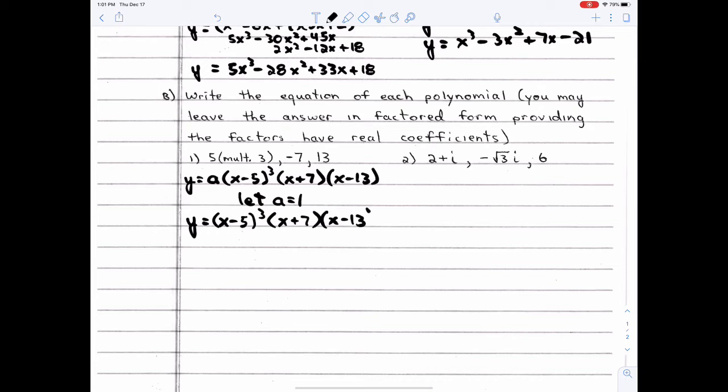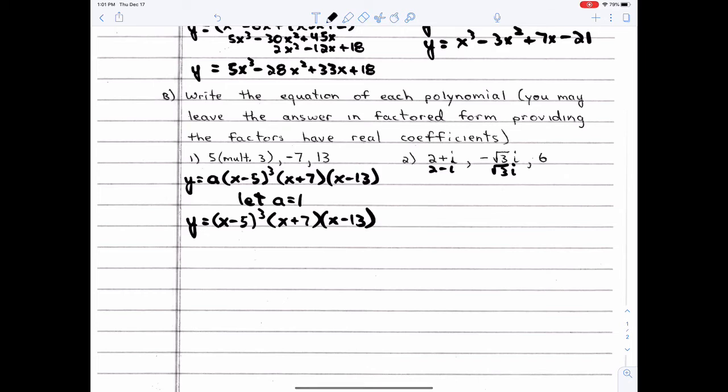Okay. Now let's take a look at the second one. Remember, we have a 2 minus i also, and a square root of 3i also. Okay, so we have y equals a. I think I'm going to go down and give myself some more room here.